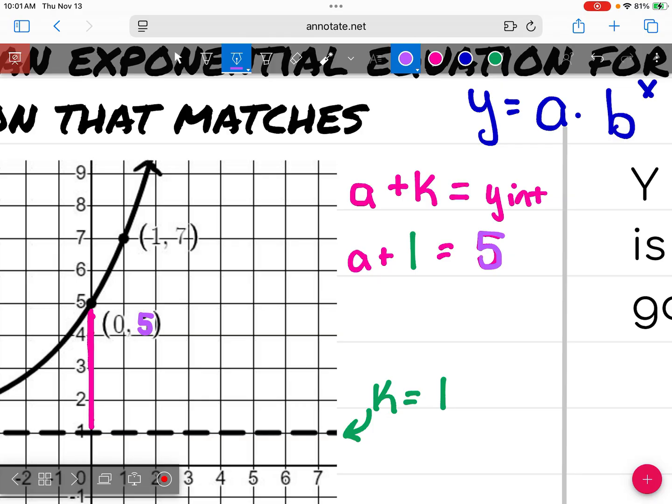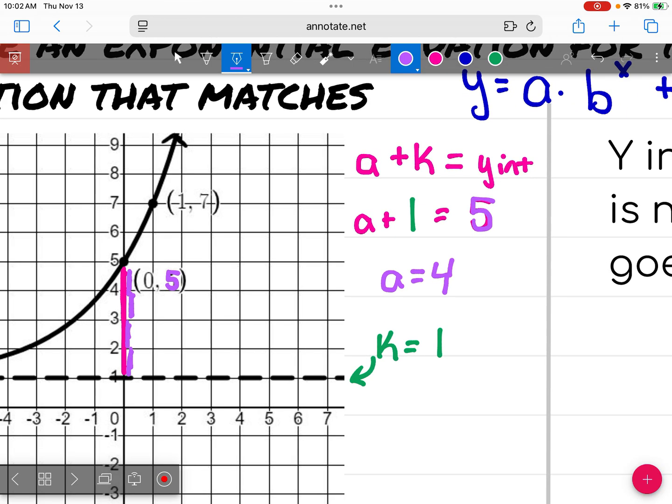So what is our a going to be? 4. It is 4 steps away from our asymptote, or the difference between our asymptote and our y-intercept is 4.